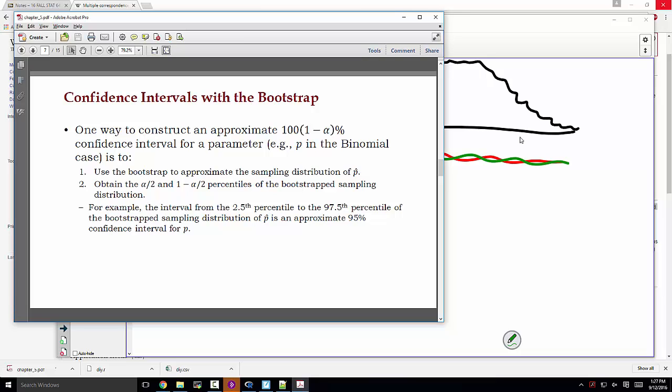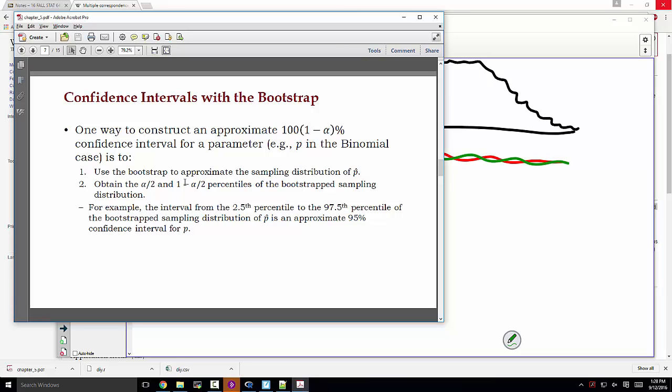And then to get the actual confidence interval, you get the alpha over 2 and 1 minus alpha over 2 percentiles of those simulated statistics. If I want 95% confidence, I'm going to get the 2.5th percentile and the 97.5th percentile.